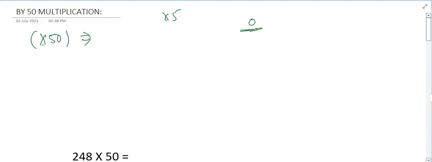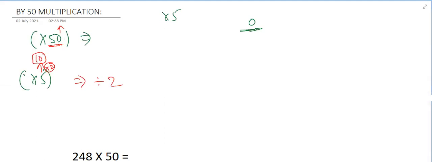Otherwise, see here, previously it is 5. We have converted this 5 into its above base number, that is 10. That's why we have taken 2 as the multiplication factor, and divided by 2.